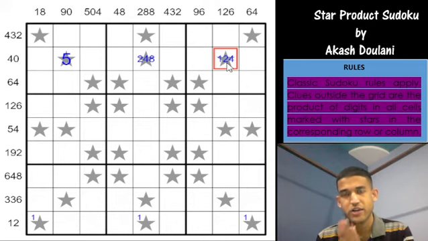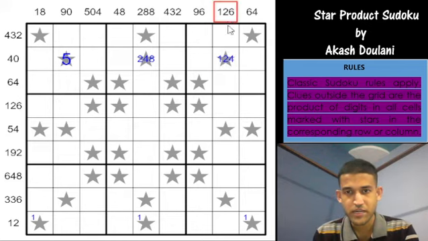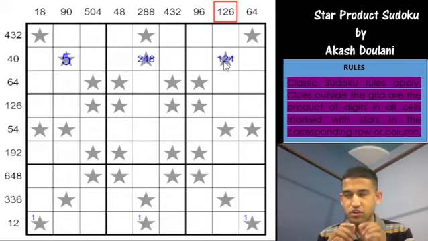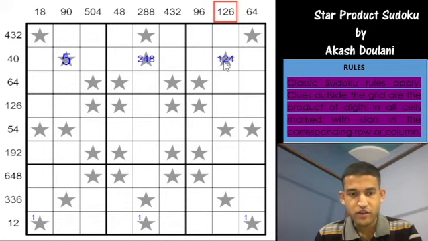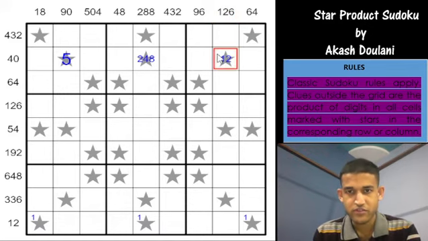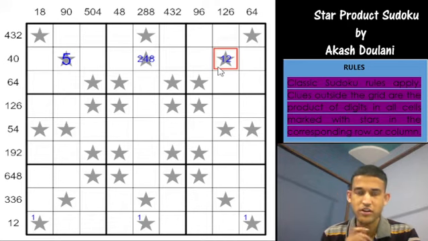No, 120, 124. So 4 is also not a multiple of 126. I'm sorry guys, 4 is also not a factor of 126. I shouldn't be saying multiple of 126, because multiple of 126 would be either itself or greater than it, right? So 4 is also not a factor. 4 is removed from here. So this is 1 or 2.